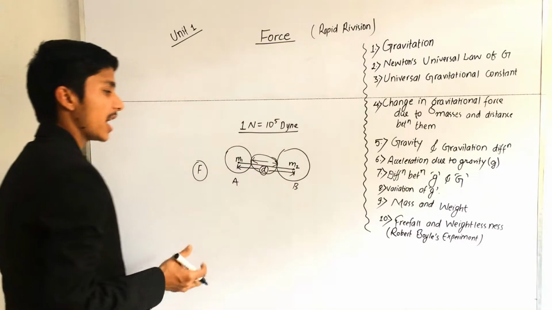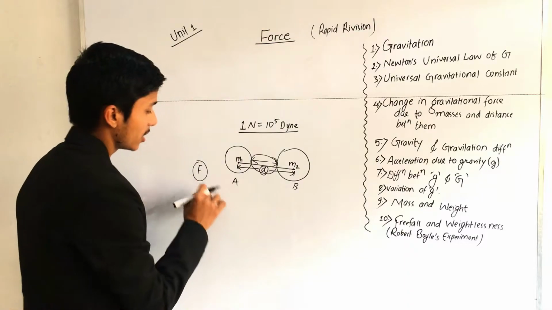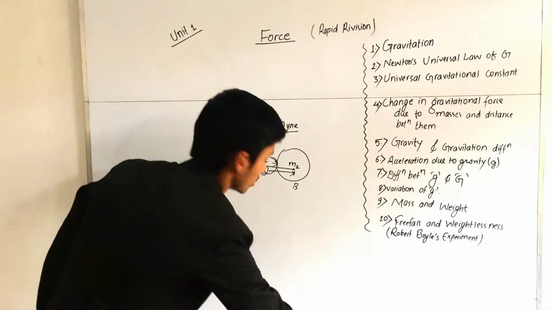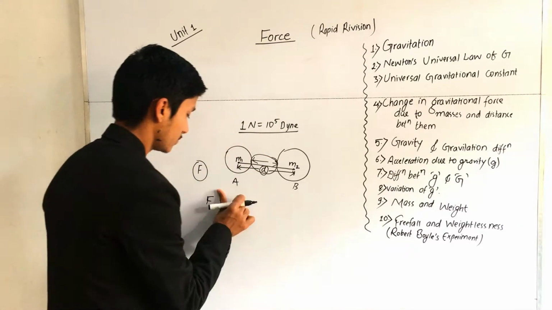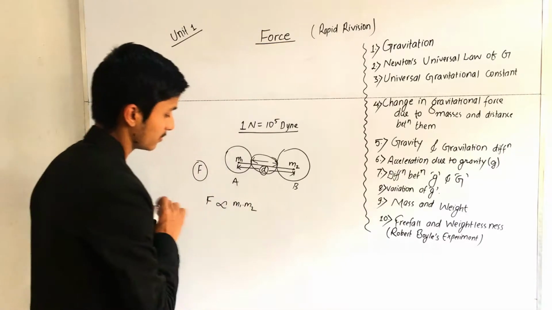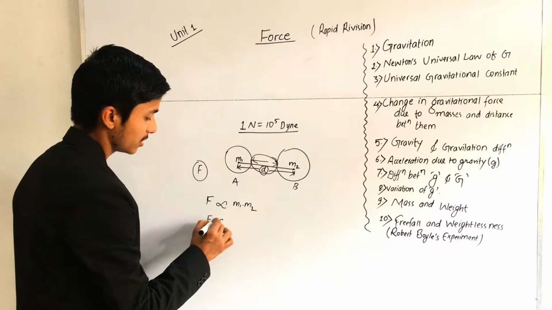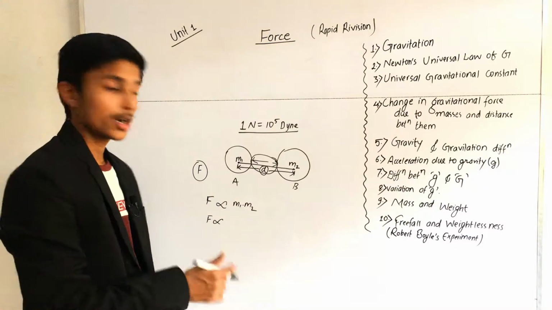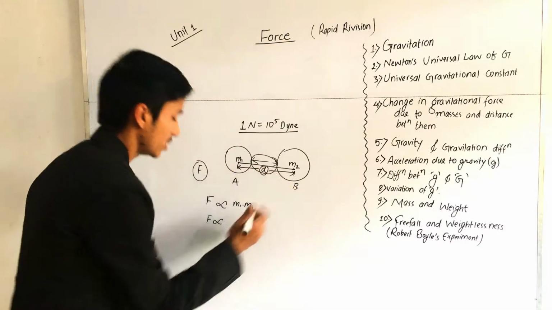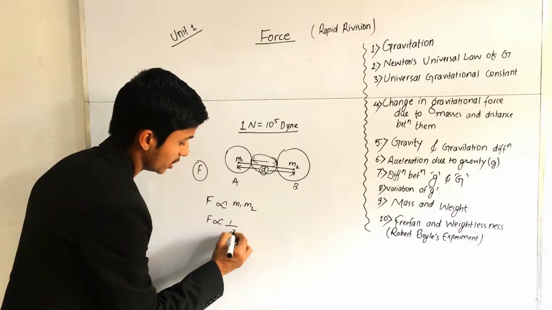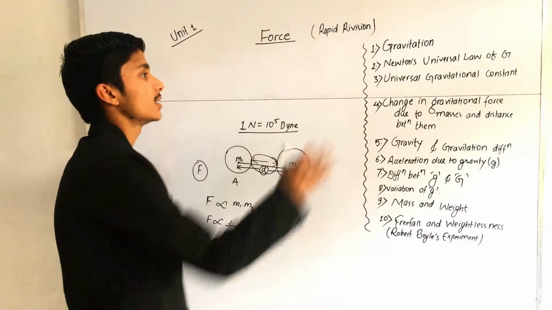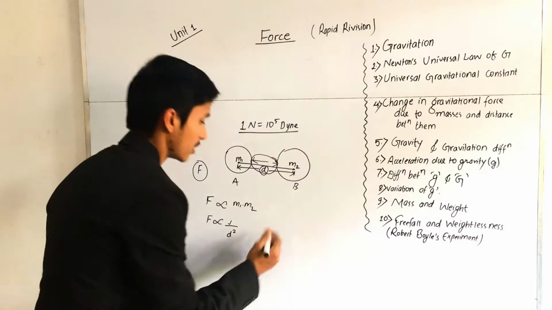According to his law, force is directly proportional to the product of masses of the bodies, and force is inversely proportional to the square of the distance between the two bodies from their centers, that is d square.